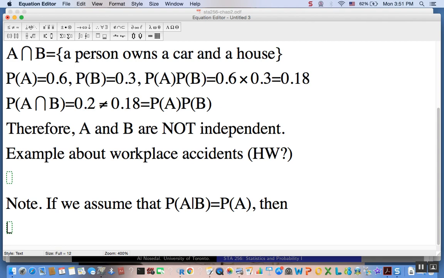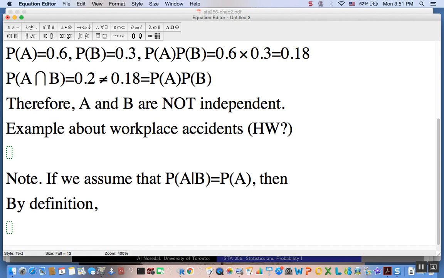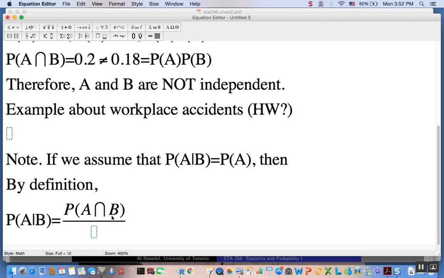By definition, you guys remember the formula for the probability of A given B? It looks like this, right? The probability of A given B will be the probability of A and B divided by the probability of B. That's just by definition.